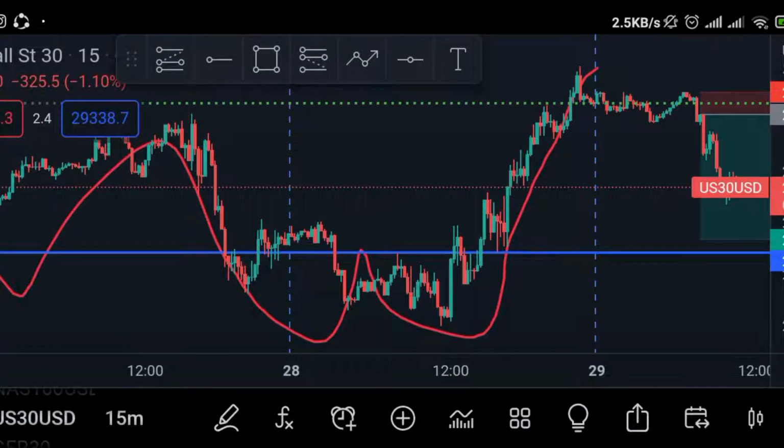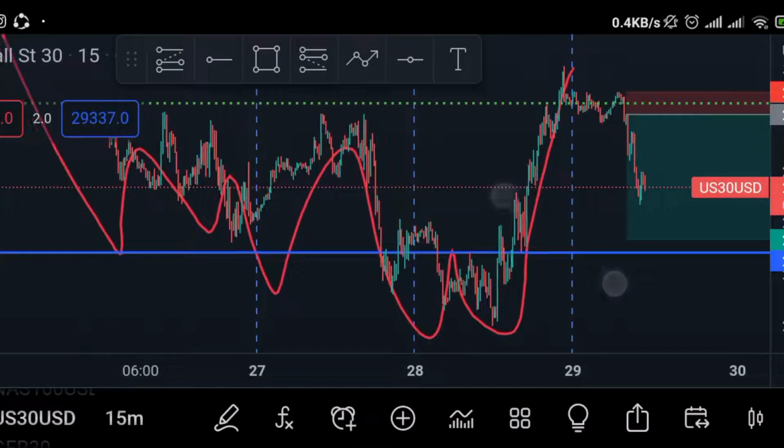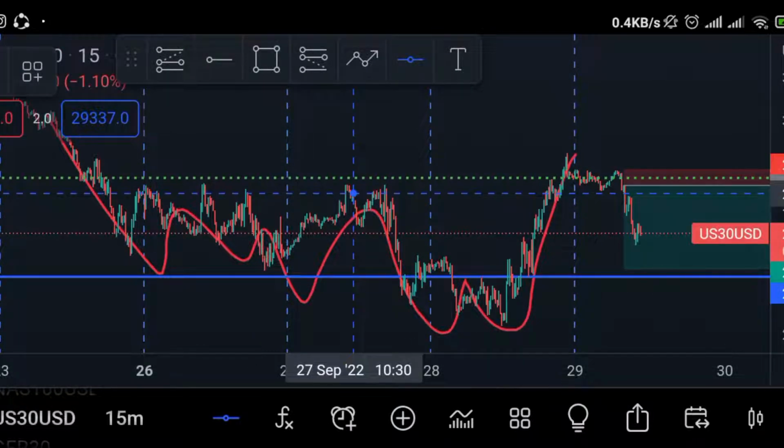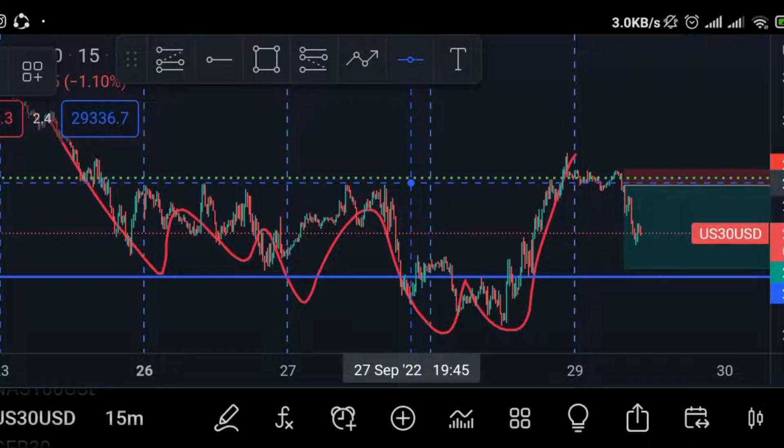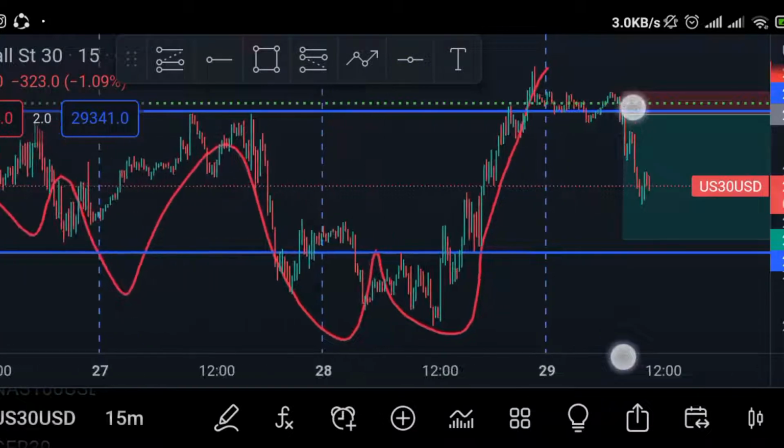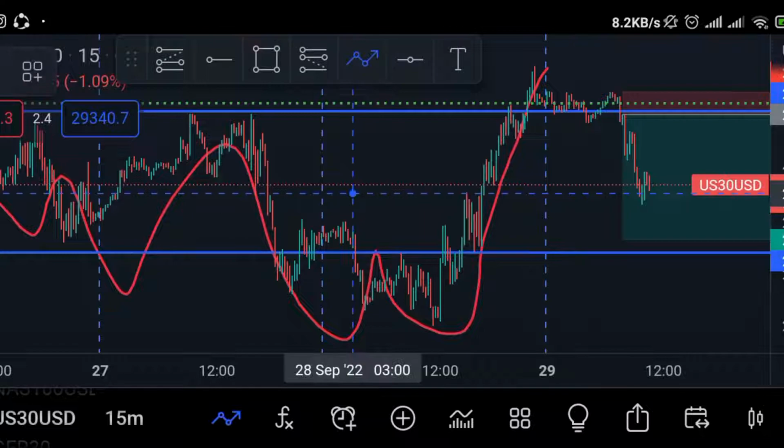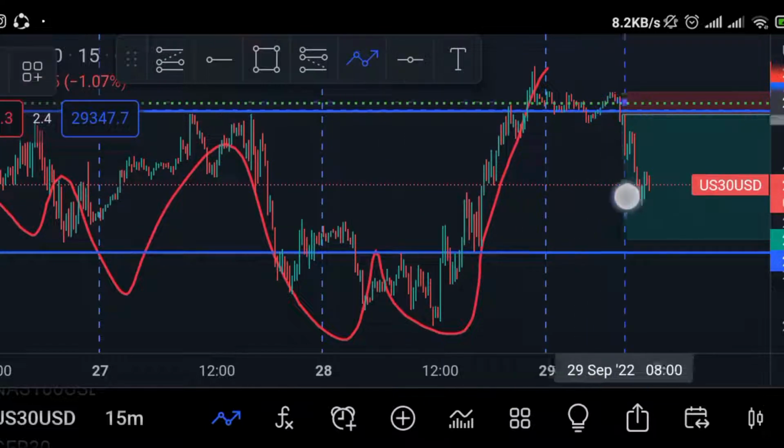Price broke above, so this is yesterday's trade. Price broke above that area and went up to our previous high. At our previous high we were expecting a rejection or a break of structure. If price breaks above, it moves continuously to the upside, making higher highs and higher lows.